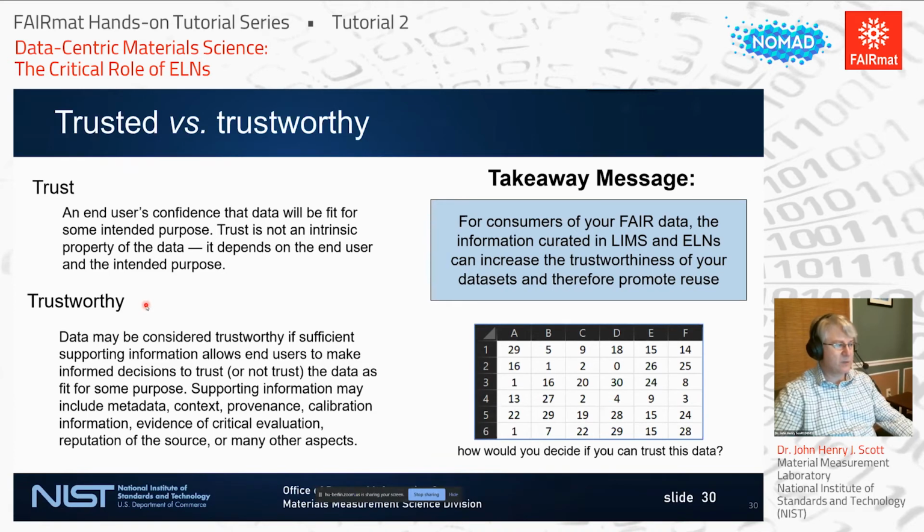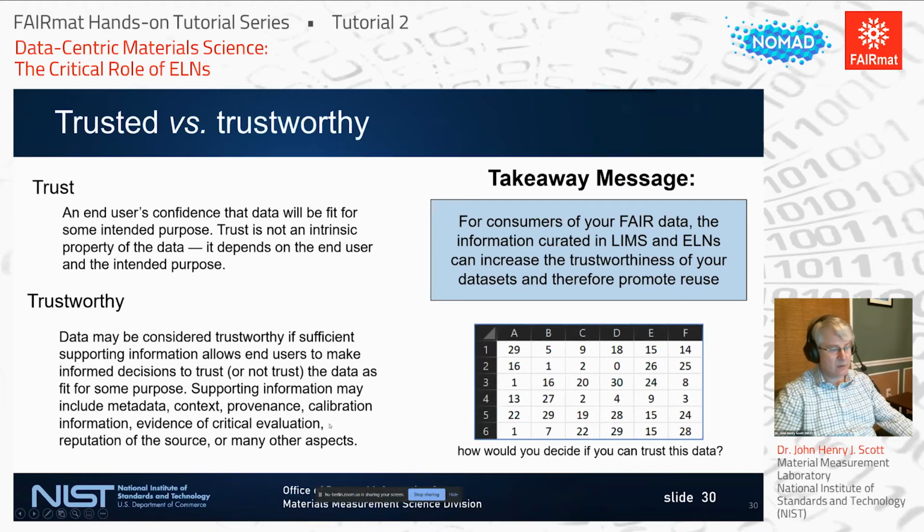Trustworthy, on the other hand, is a more subtle concept. The data may be considered trustworthy, again, my words here, if sufficient supporting information allows end users to make informed decisions to either trust or not trust the data as fit for some purpose. This supporting information might be metadata, context, the provenance or history of the data, where it came from, who's touched it, how it's been transformed, calibration information.